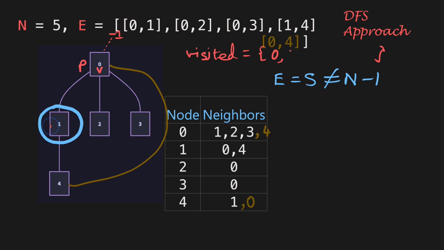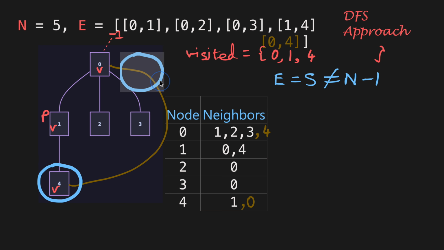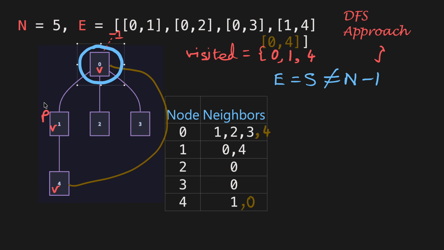We mark node 1 as visited and process its neighbors. Its neighbor 0 is the parent, so we ignore it and go to neighbor 4 with parent 1 and mark node 4 as visited. And then we process its neighbors. Its neighbor 1 is parent, so we ignore it and go to its next neighbor, neighbor 0.